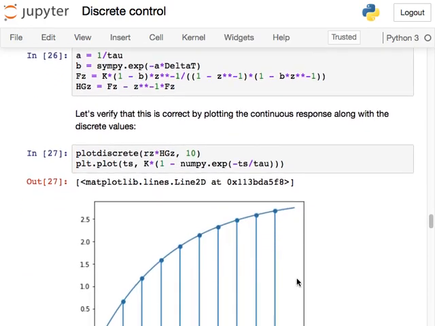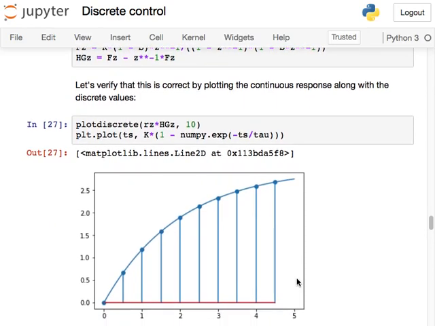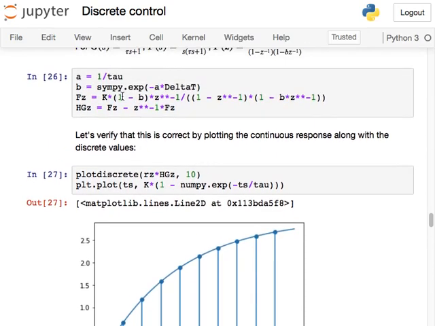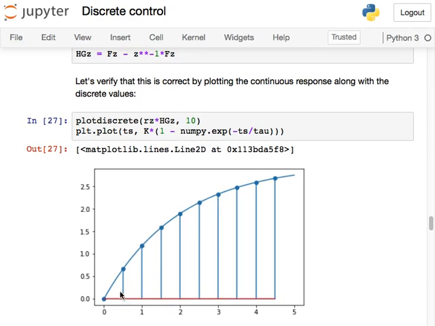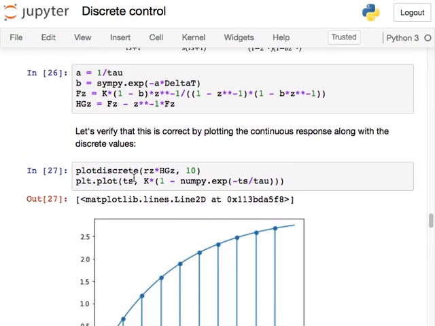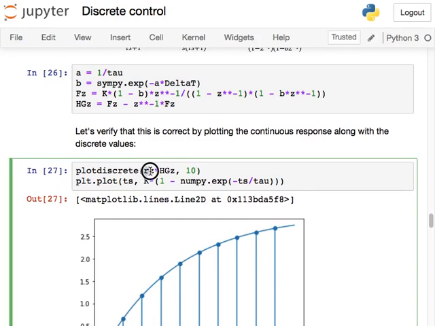And we can prove to ourselves that we've done this right, because once we have calculated this, remember we are putting in a step and we are observing at the moments in time that we sample, in this case every half second. We're calculating these dots from the Z transform, and I want you to be clear that at this point, this plot discrete doesn't actually remember anything about the Laplace transform that was associated with that Z transform.